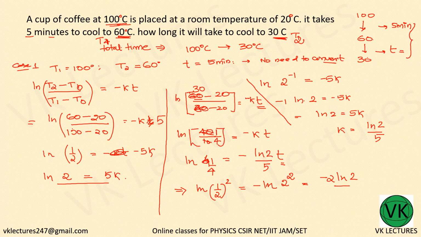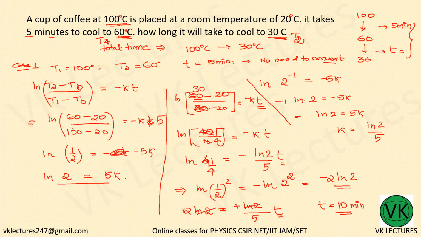So minus 2 log 2 is equal to minus log 2 divided by 5 into t. Now the minuses cancel, log 2 and log 2 get cancelled. What is remaining is, bring this 5 to the other side, t is equal to 10 minutes. Now the time taken from 60 degrees to 30 degrees is 10 minutes.